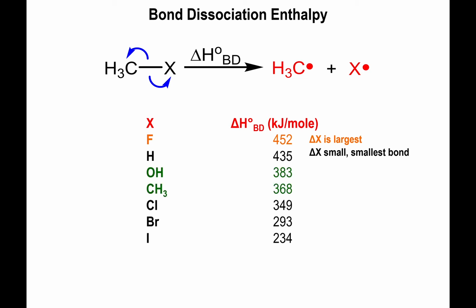Okay, now moving on in the series, we see that the carbon-oxygen bond for an alcohol and the carbon-carbon bonds are roughly in the same vicinity, so they're probably second tier in terms of strength. And the reason why is because for the carbon-oxygen bond, you still have a large electronegativity difference, not as large as the carbon-fluorine bond, but it is still large.